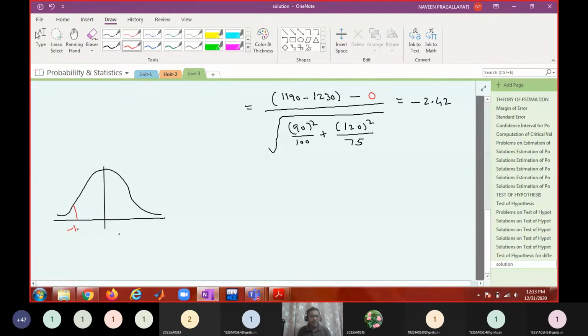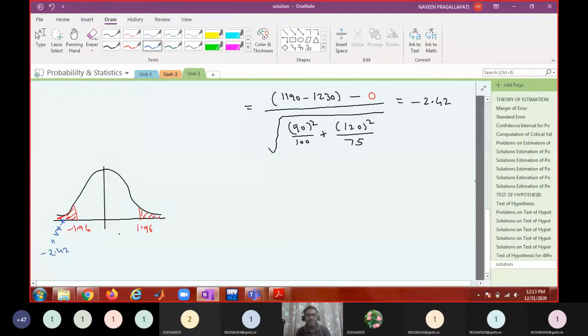You got it as minus 1.96, and you got it as plus 1.96, and so this is the area of rejection. And where is this minus 2.42 falling? Left side of minus 1.96. So it is falling in the critical region.